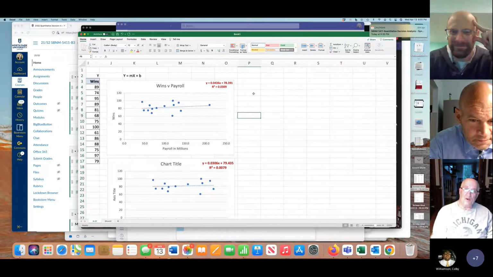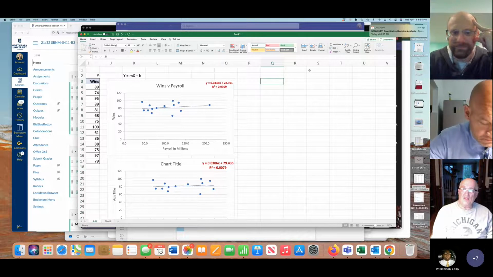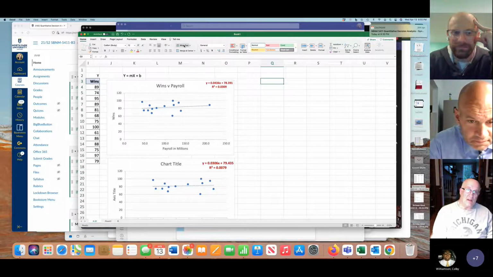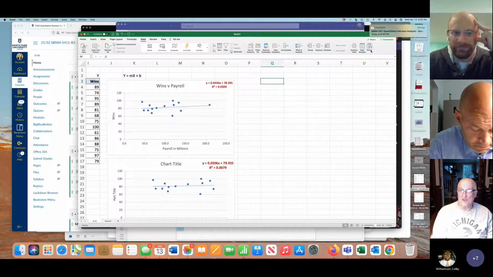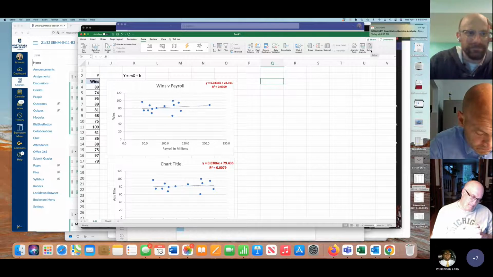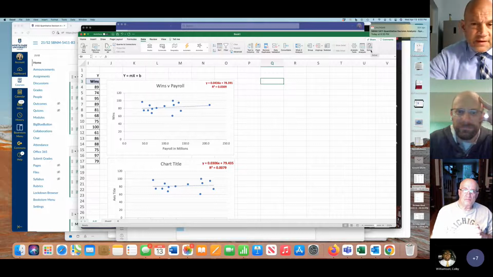All right, now there's another way of doing it. Has everybody loaded up? If you go to your data, have you loaded up data analysis and solver? I have mine now. We did Constantine's.